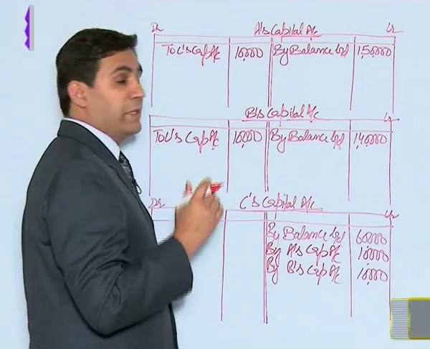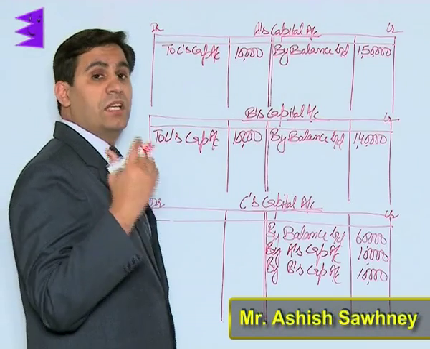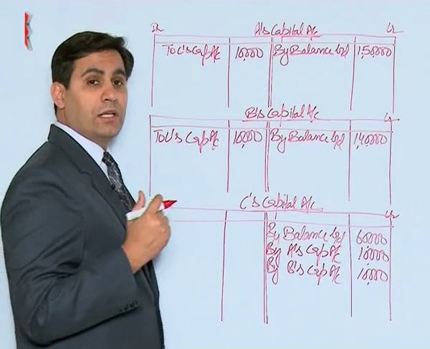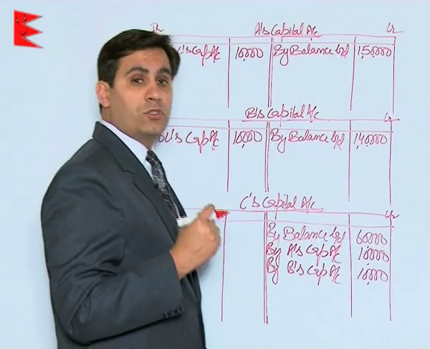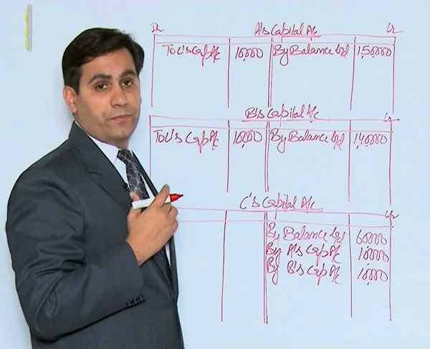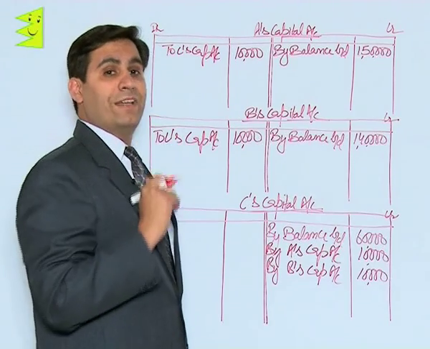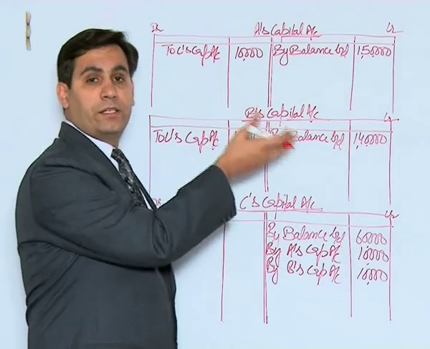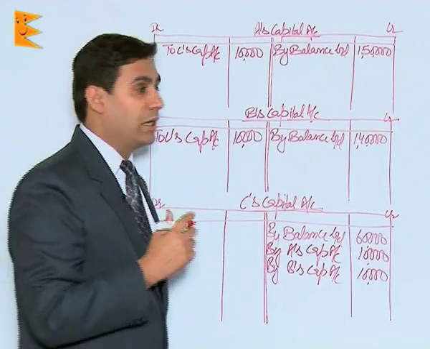Now coming to the next step, that is revaluation account. We had prepared the revaluation account, and in that revaluation account, each partner should be credited with a profit of 10,000 rupees, right? You can go back to revaluation account and check that there was a total profit of 30,000, which should be credited to each partner's capital account.